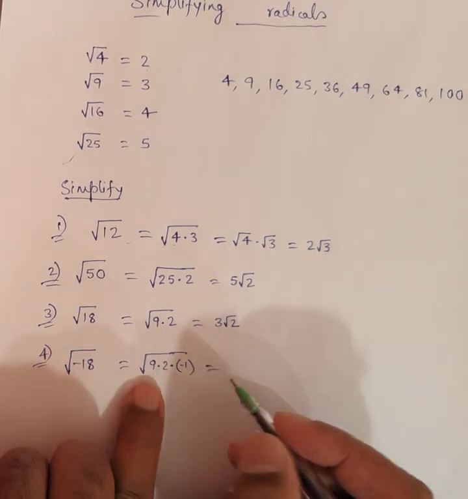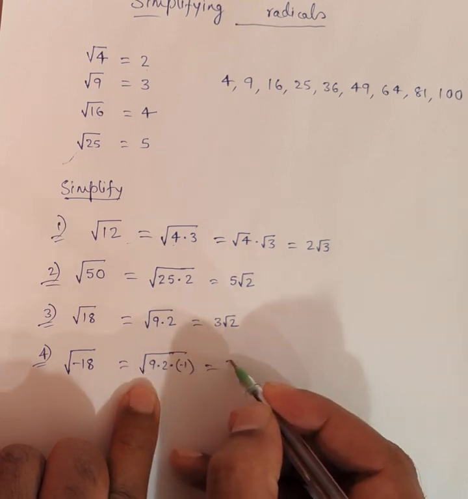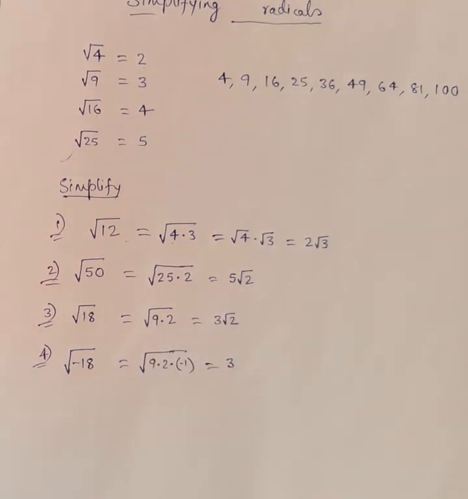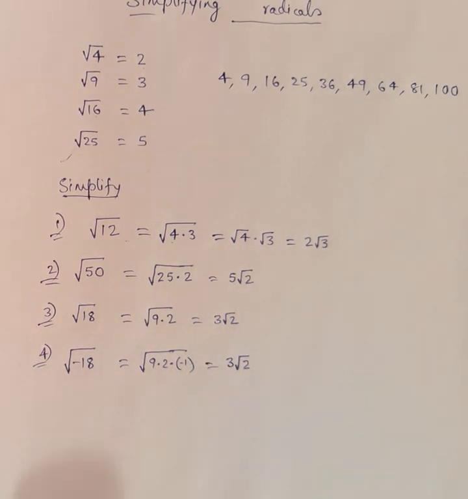So just like before, I can pull the 9 out of the square root and I will have a 3. And then the 2 cannot come out of the square root, so the 2 will be in the square root.